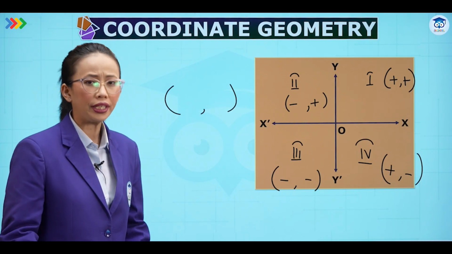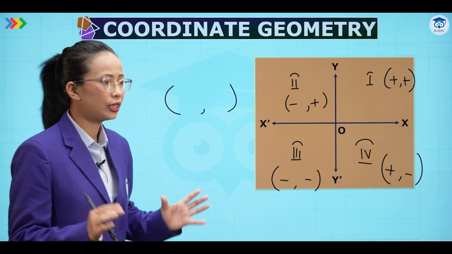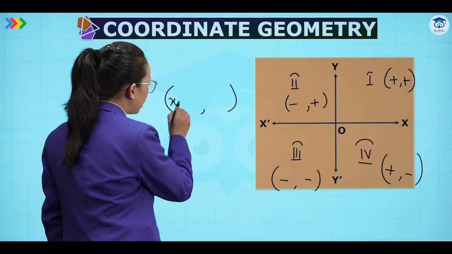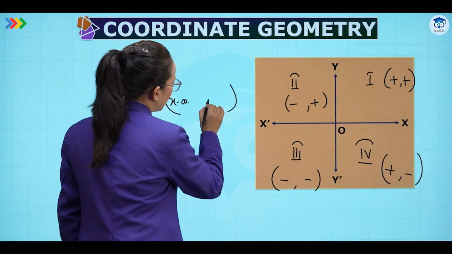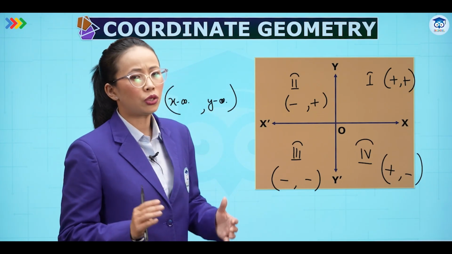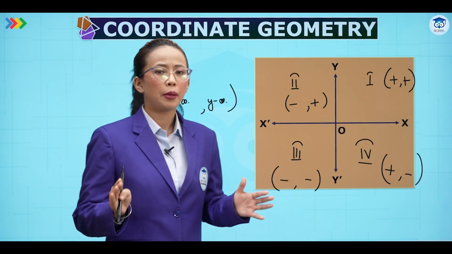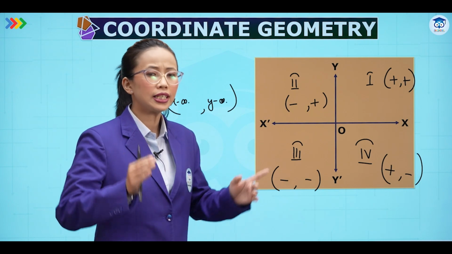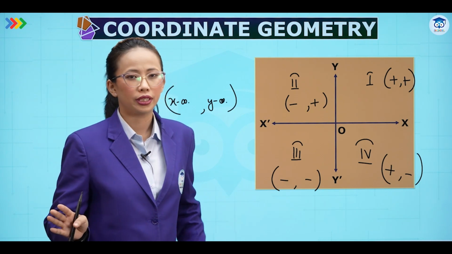So every time when we have coordinates, a point will be given by a coordinate, right? We should always understand that this is the x coordinate, and this is the y coordinate. So you can have any value, but we should always understand the first value is the x coordinate, second is the y coordinate.